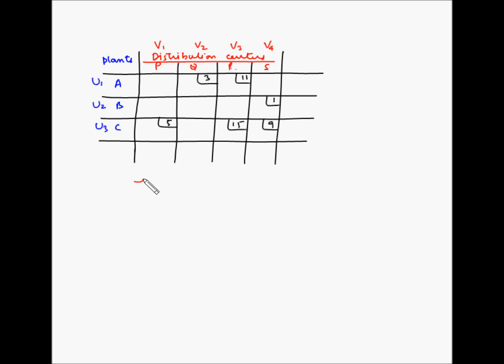So we have cell Ui plus Vj is equal to Cij, and then from this we'll find the values of Ui and Vj.